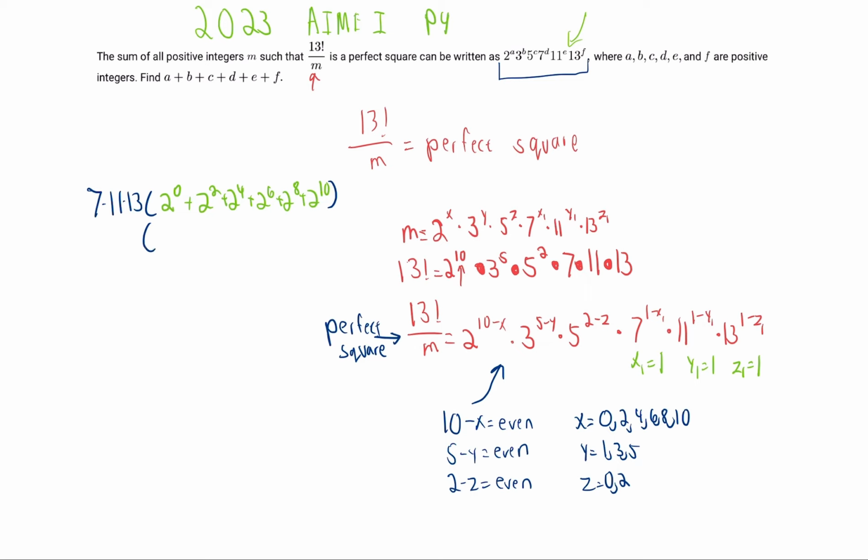times, and then here we have 3 to the power of 1, plus 3 to the power of 3, plus 3 to the power of 5, and here we have 5 to the power of 0, plus 5 squared.